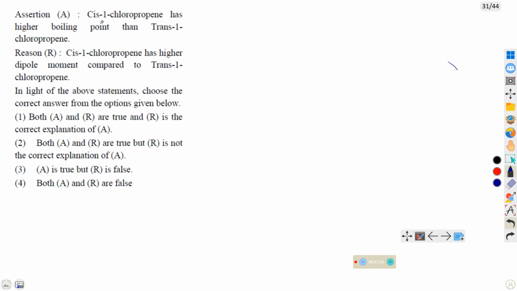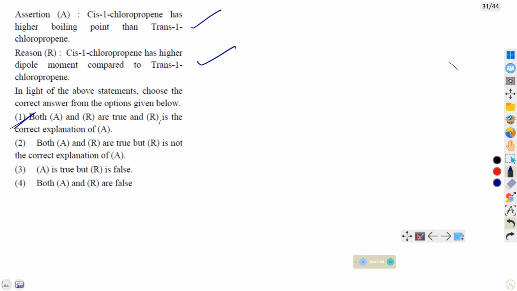Assertion: cis-1-chloropropene has a higher boiling point than trans-1-chloropropene. Correct. Cis-1-chloropropene has a higher dipole moment compared with trans-1-chloropropene. Correct. A and R are true. R is the correct explanation of A. How?